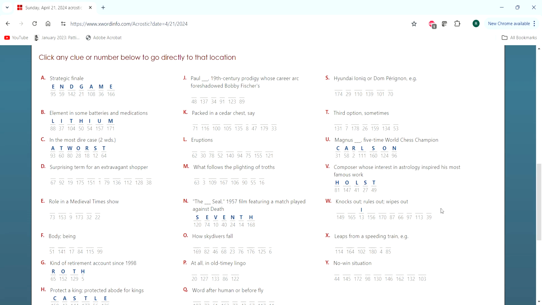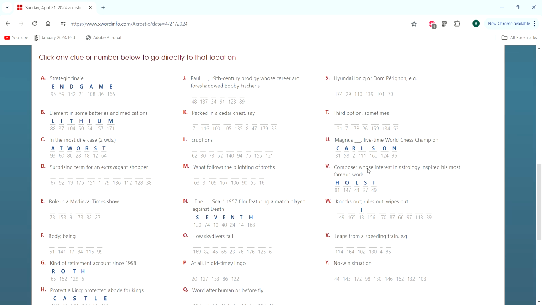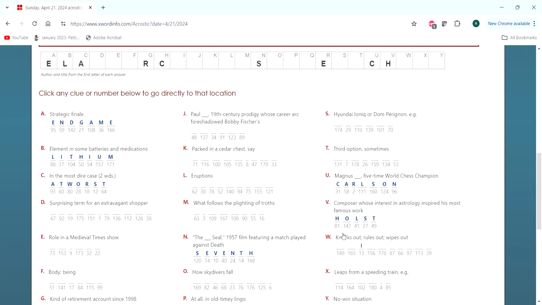The other thing that you'll find in acrostics is that the clues here often, not always, but often have some connection to the theme of the quote itself. And so sometimes if you can figure out what the theme of the quote is, that actually helps you to solve some of the clues down here.